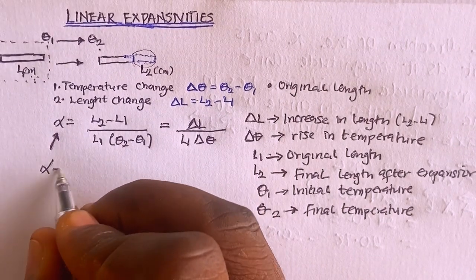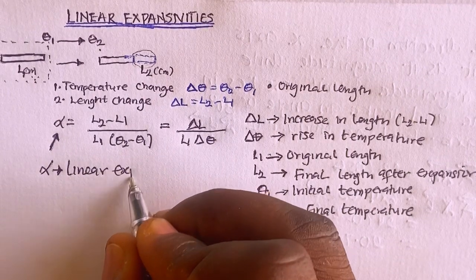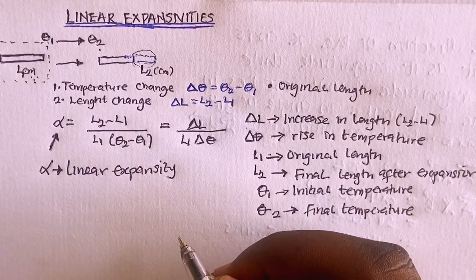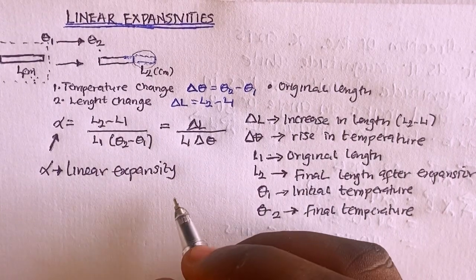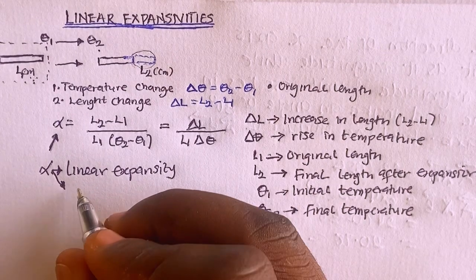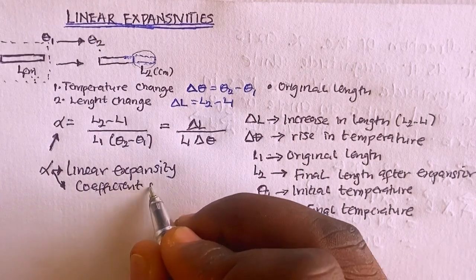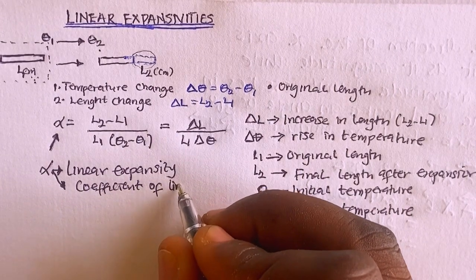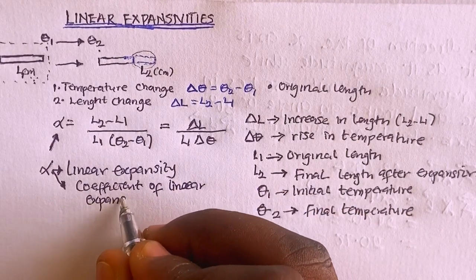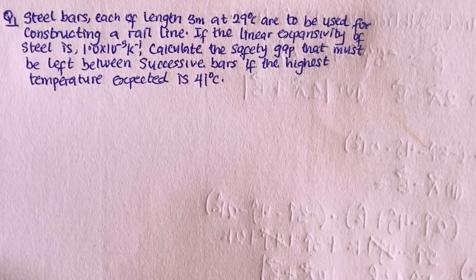This alpha represents the linear expansivity. You can call it linear expansivity, that is the change in length of a material when there is a rise in temperature, or you can call it the coefficient of linear expansivity or linear expansion, and it is known as alpha. That's just it.